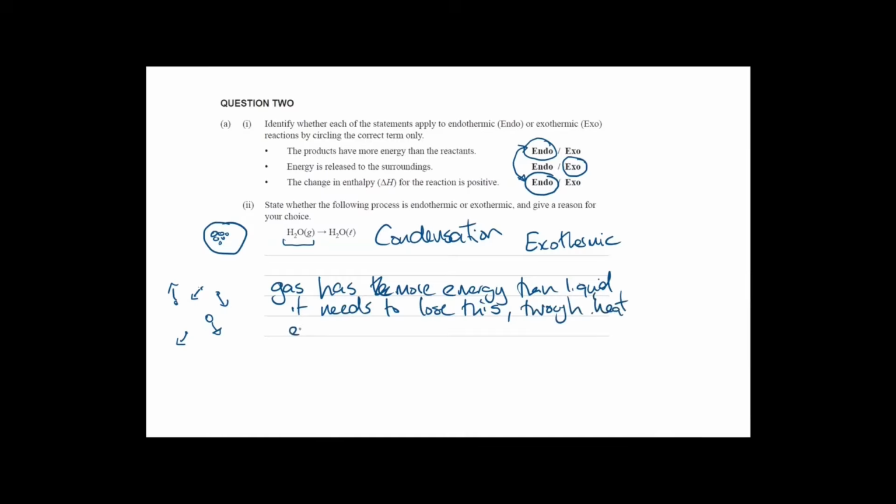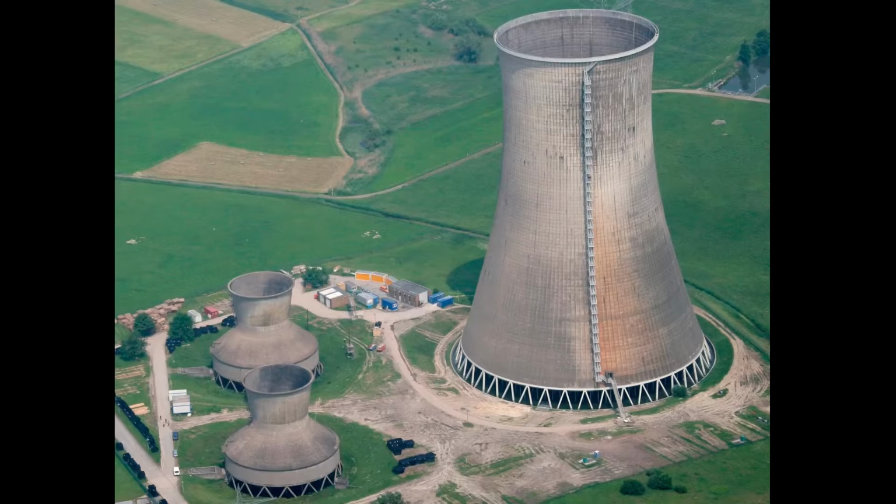This is a really, really important process. It's used a lot in industry. If you see the cooling towers, you don't get them so much in New Zealand, but overseas you definitely get these cooling towers that kind of look like that. Those are not nuclear reactors, they are cooling towers. What it does, they have steam at the bottom here.